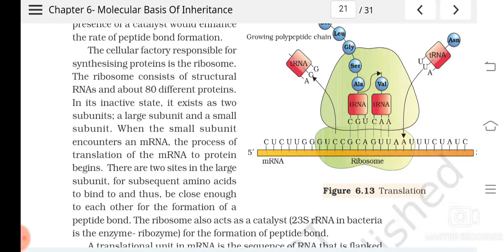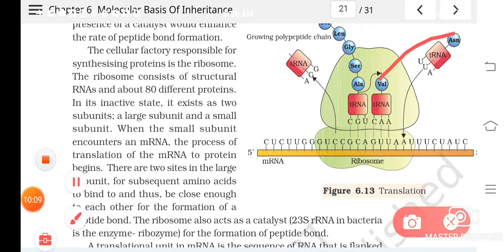Understood? So like this, the tRNA with the growing polypeptide chain will move to the next site, and to the acceptor site, a tRNA with a new amino acid will join. The growing polypeptide chain and the newly arrived amino acid will form a peptide bond.